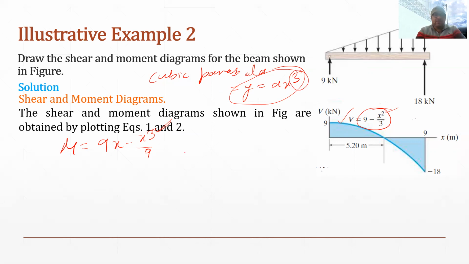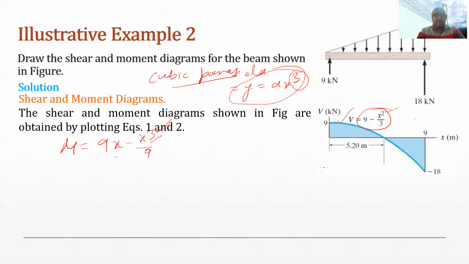That is why when we get an equation with x of order 3, the curve will be in the form of a cubic parabola. So this time the moment equation will give us a cubic parabolic curve.